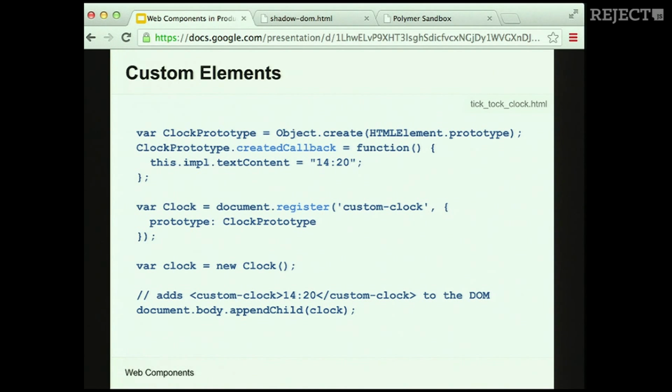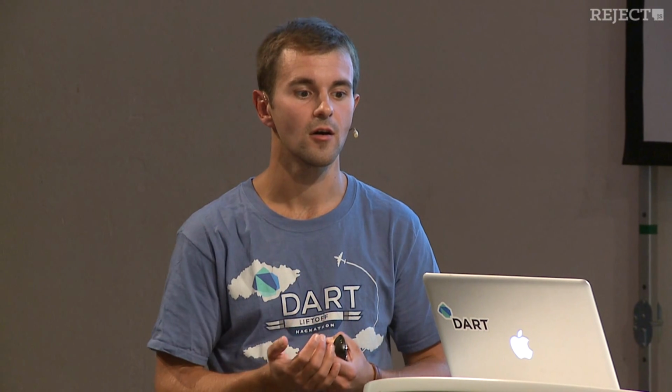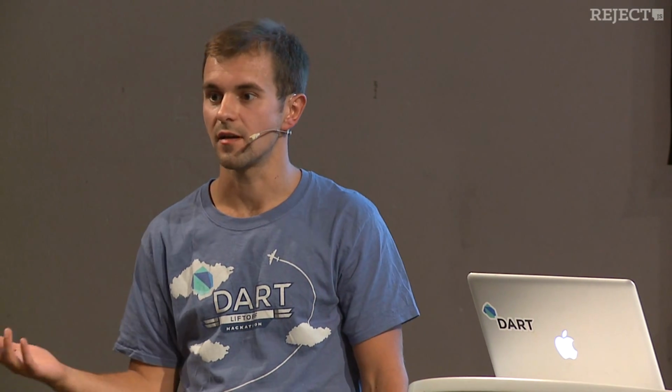And this is really, really helpful. If you want to, for example, only fetch data if the component is really used, you can do it at that exact point. And for creators of web components, you can act based on if it's created, inserted, or you can tear down stuff if the component is removed again.